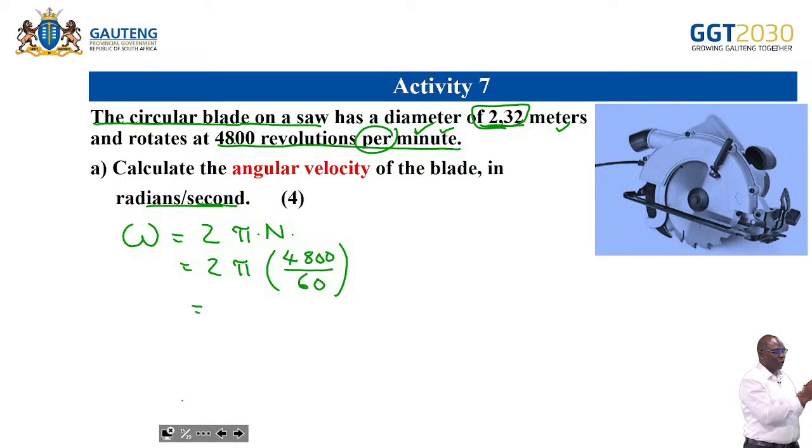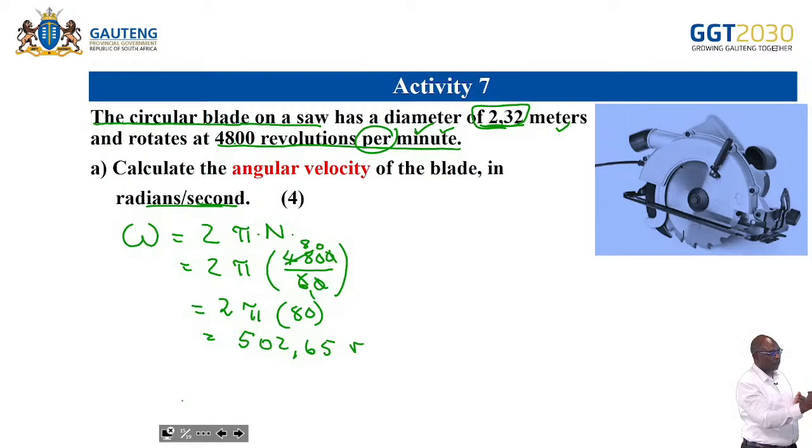So here I'm going to have 2 pi multiplied by 4,800 divided by 60, which is 2 pi into 80, since that goes 8 times there. Then we multiply this by 80, and the answer will be 502.65 radians per second.